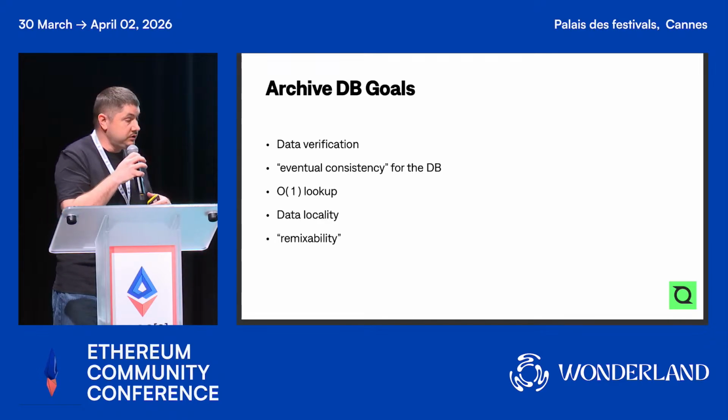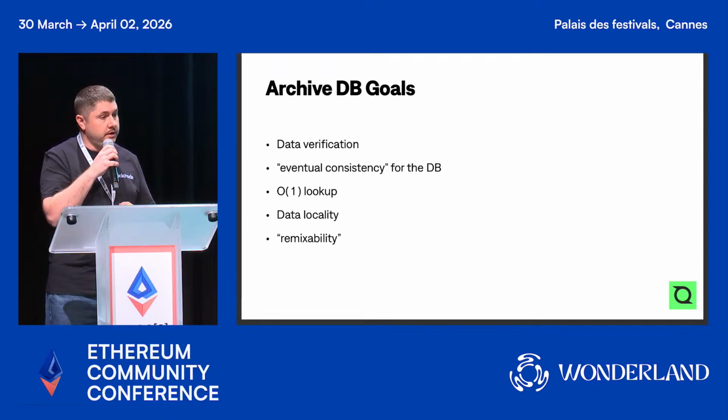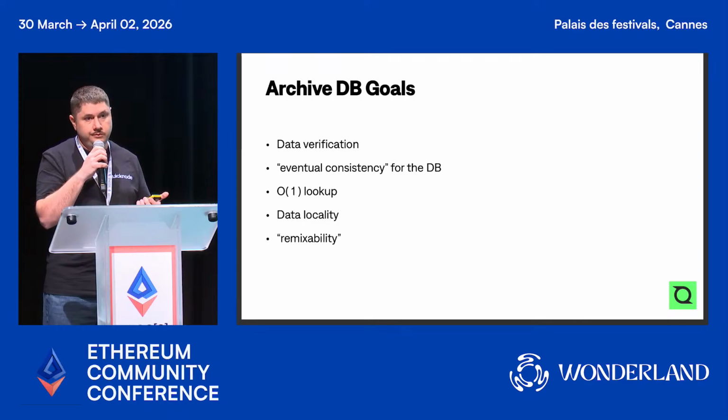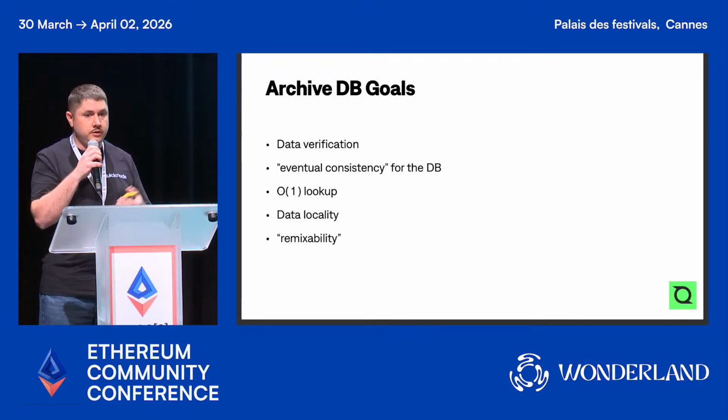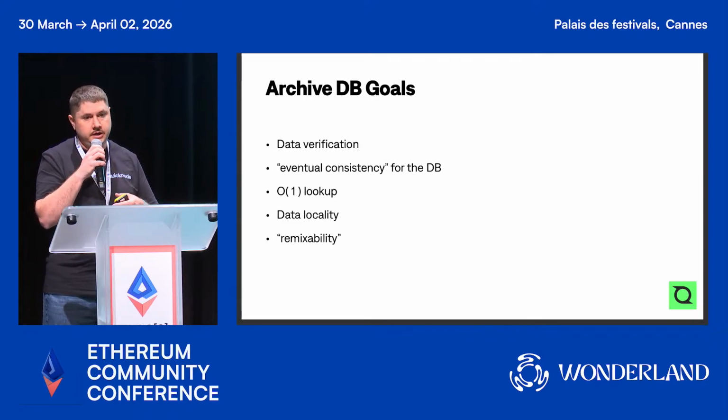The first one I think that needs to happen is good data verification. We've had a couple of different chains recently where you've got two different nodes. They're both syncing. They'll both say that they're healthy, and one returns some data and one doesn't. This is the database corruption issue.